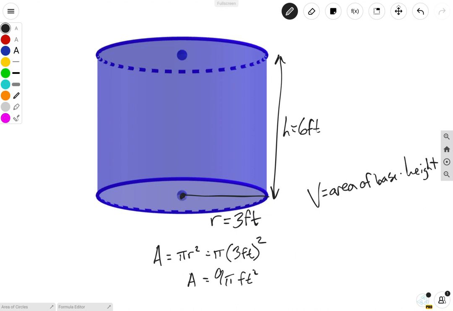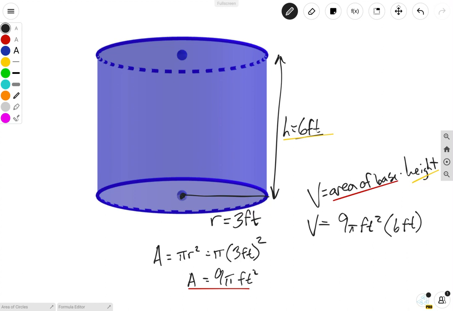Now let's go back to that volume. Our height is 6 feet, so our volume is the area of the base times the height. So area of the base, 9 pi square feet, times the height of 6 feet.